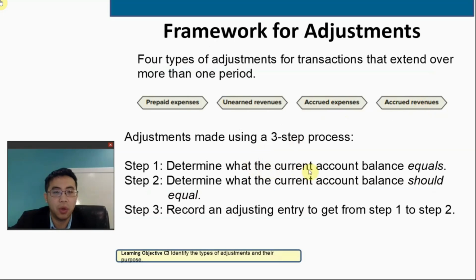The first is to determine what the current account balance is, and then determine what the current balance should be equal to, and then we will adjust the entry to get from step 1 to step 2. One is the actual number and another is the proposed number.